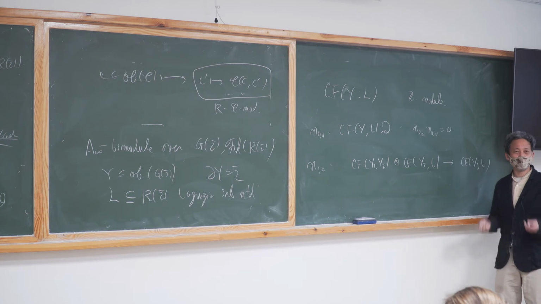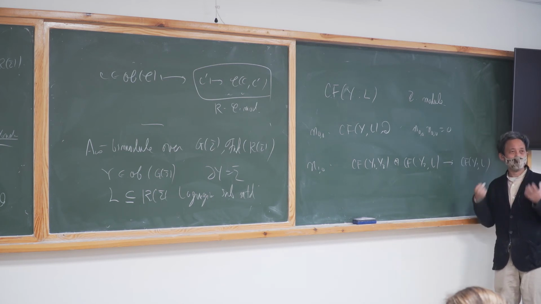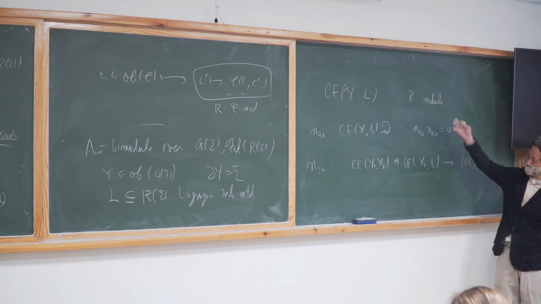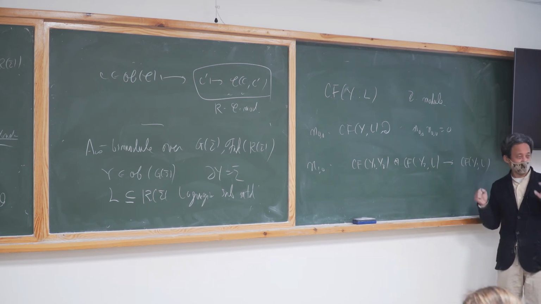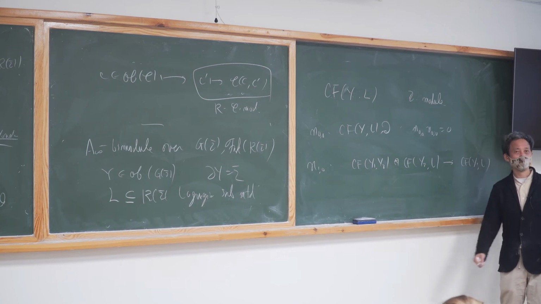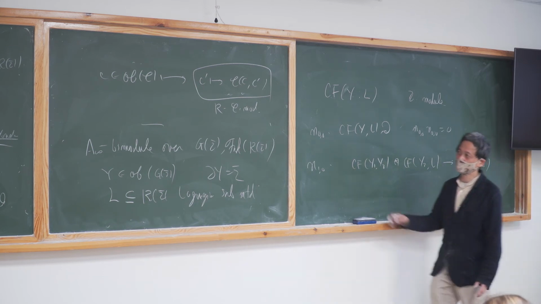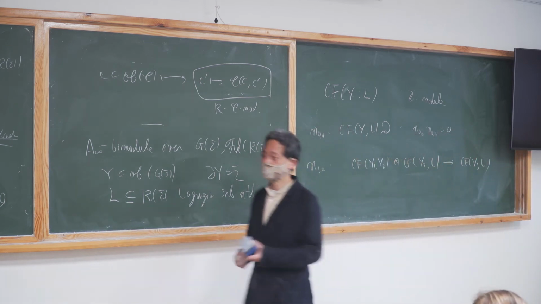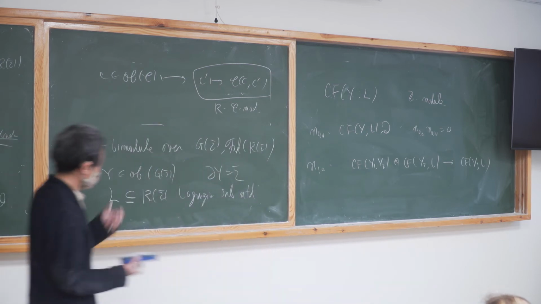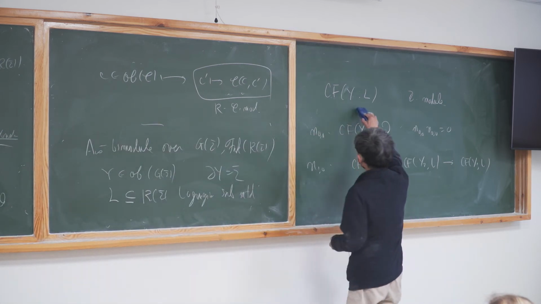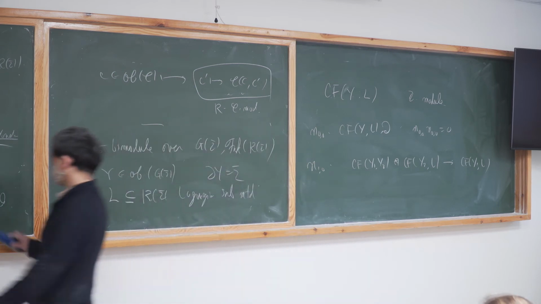And they should satisfy some compatibility, kind of infinity type relations. So we need to cook up these infinitely many operations plus infinitely many relations. That's the task of the construction of this infinity bimodule. And this Z module, I can explain what it is.